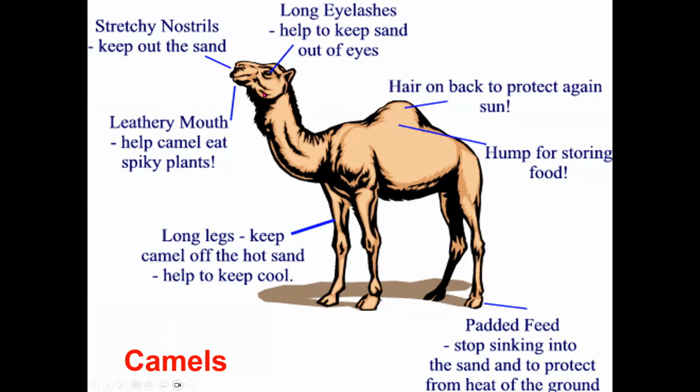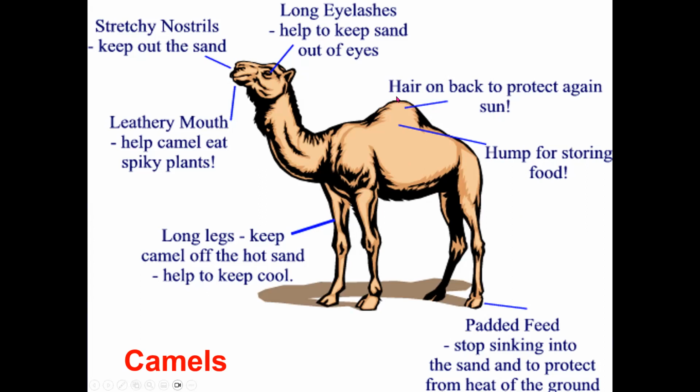They have these huge eyelashes, which they can see through, that keep the sand out. The hair on the back actually reflects the heat, so it reduces the amount of heat it absorbs.